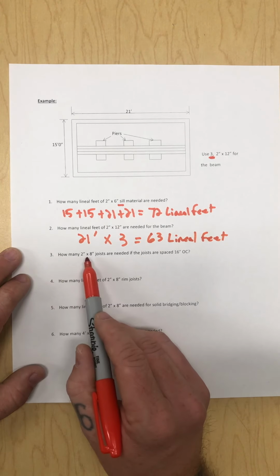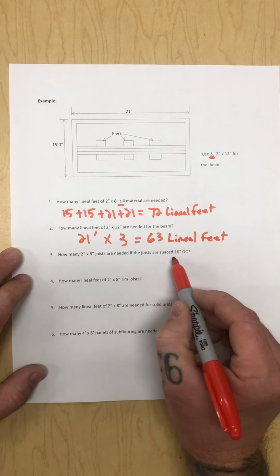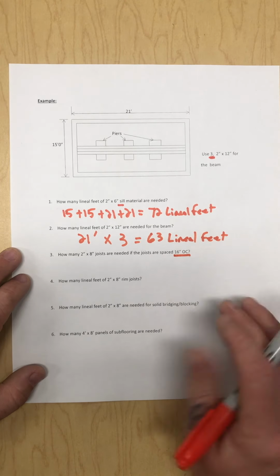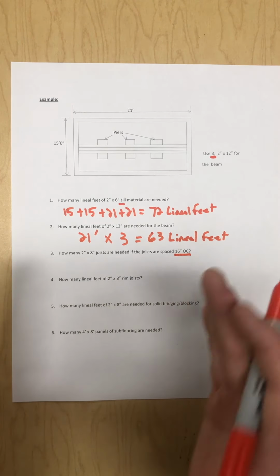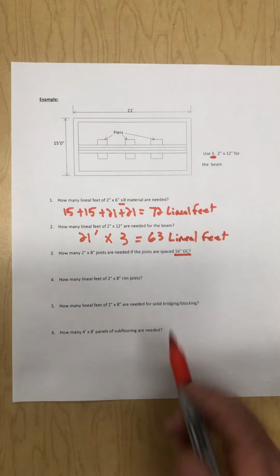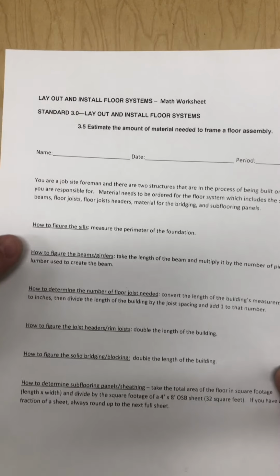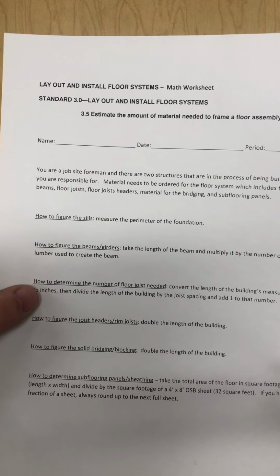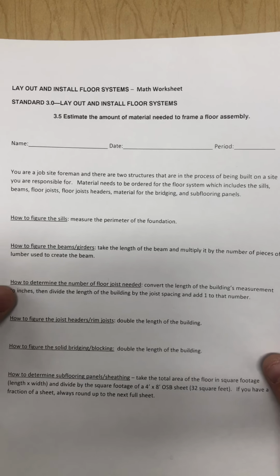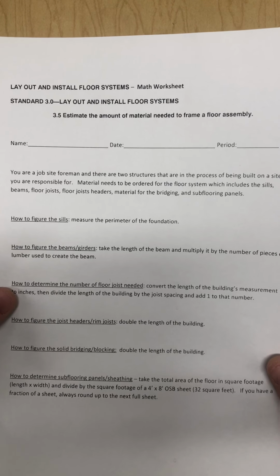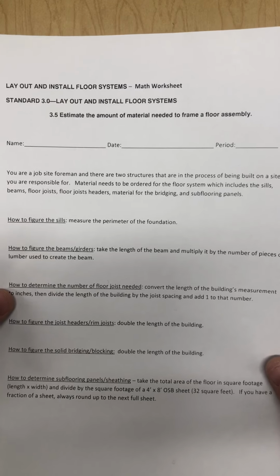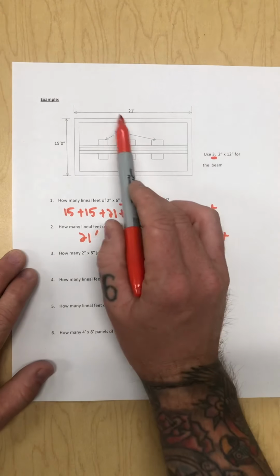Number 3, how many 2x8 joists are needed if they're spaced 16 inches on center? So that's our joist spacing. That means every joist from the middle to the middle is 16 inches apart. So if we go to our joists, where are we at? Right here. Number of floor joists needed. Convert the length of the building's measurement to inches, then divide the length by the joist spacing and add 1. So the length of our building is 21.